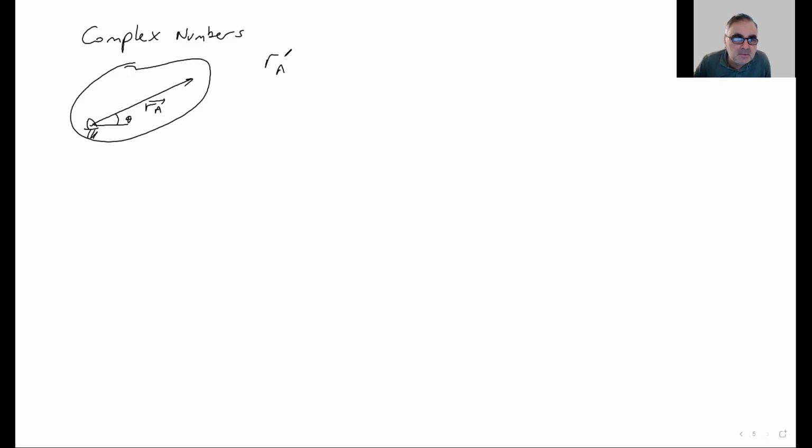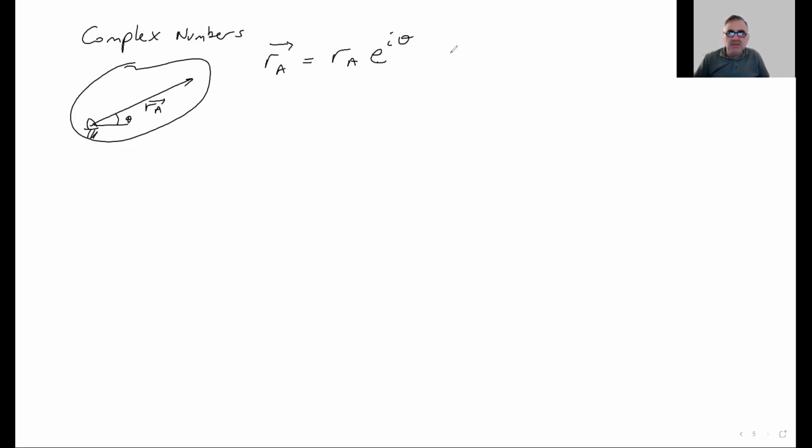Well, as I said, the position RA of a vector can be written in terms of complex numbers as RA times e to the I theta. Okay, this is the magnitude, this is the direction.